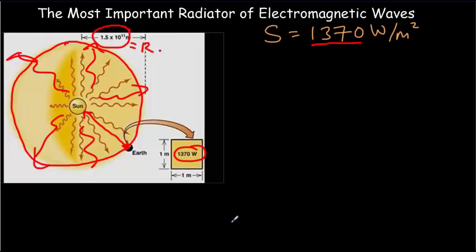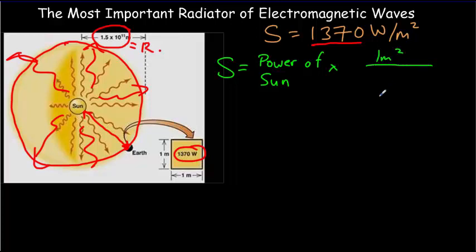So if we want to figure out what fraction of the sun's power strikes this 1 meter squared piece of cardboard, then we just need to take the power of the sun, the total power being radiated outwards, and we multiply it by the fraction that would strike our 1 meter squared. That would be 1 meter squared divided by the total surface area of the sphere, which would be 4 pi r squared, where r is the distance from the Earth to the Sun.